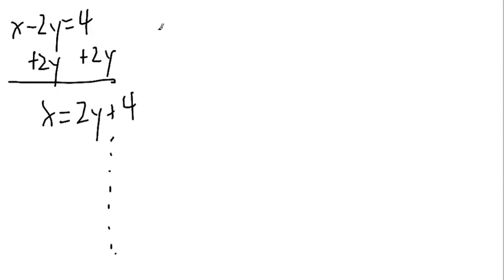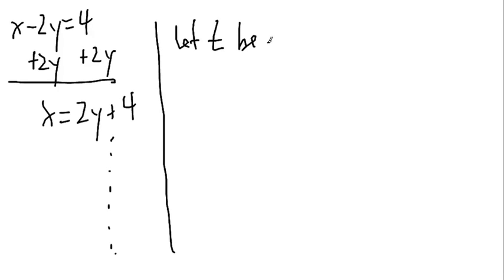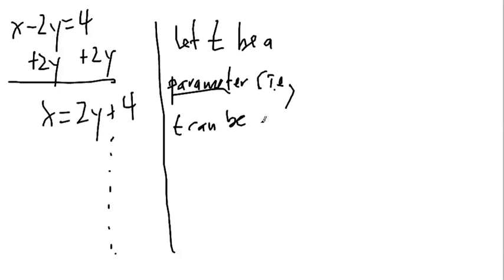So let's go ahead and do this. I solved for one of the variables, say x here, because it was easier to solve for, and I'm going to let t be a parameter, which means that t can be any number.